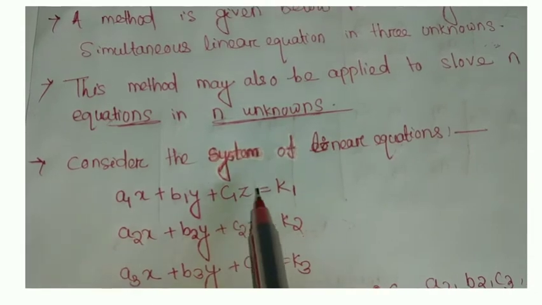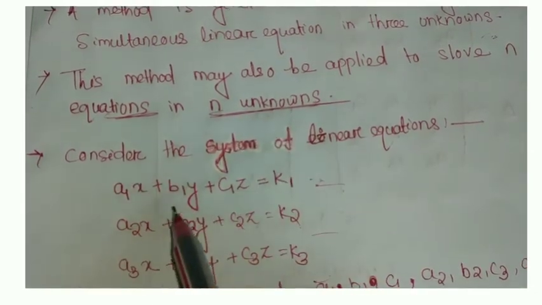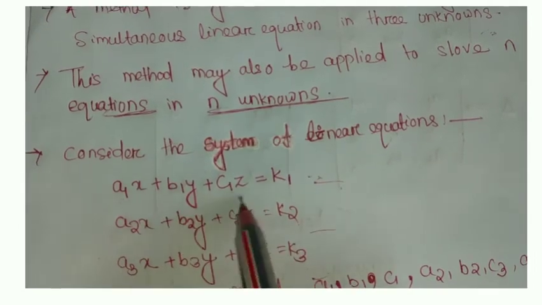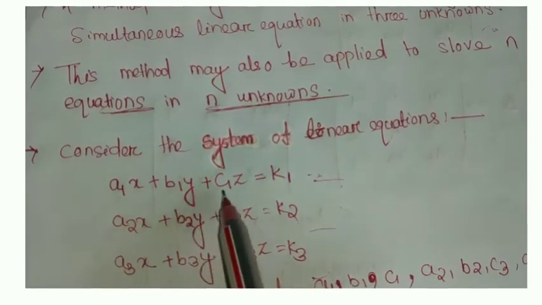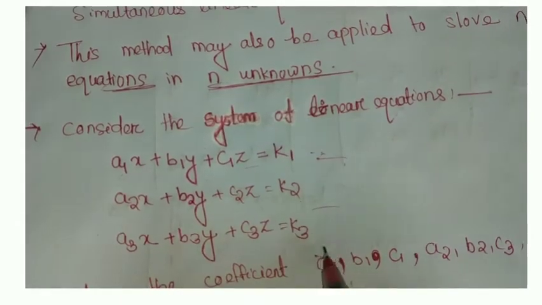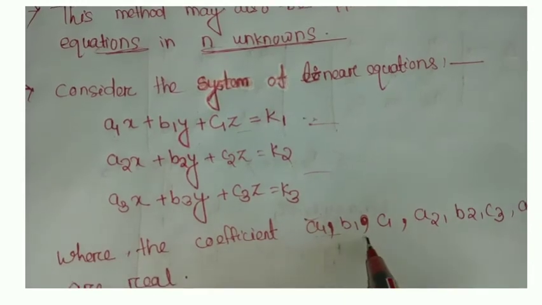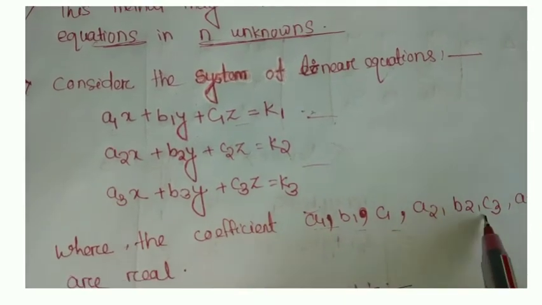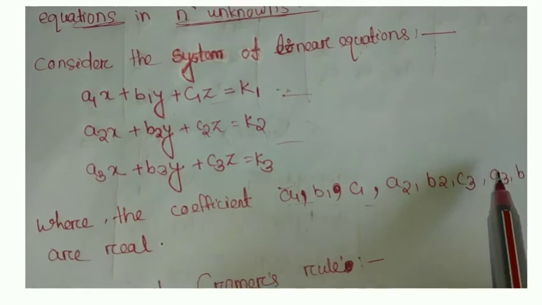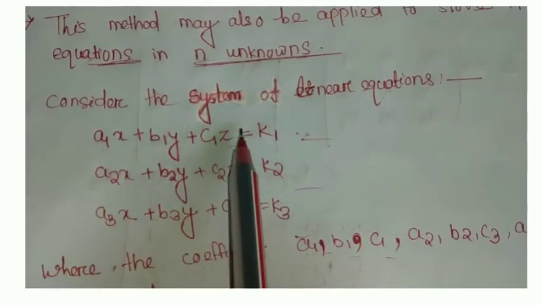We have three equations and three unknowns x, y, z, where a1, b1, c1, a2, b2, c2 and a3, b3, c3 are real.